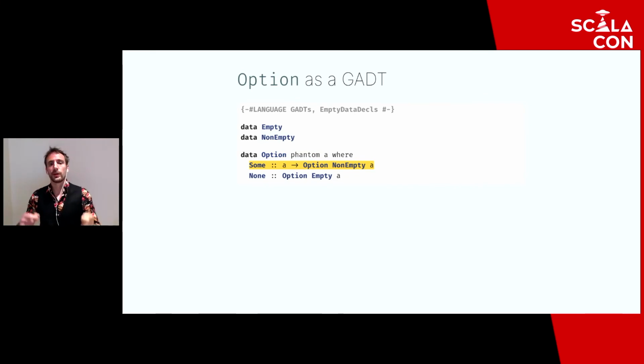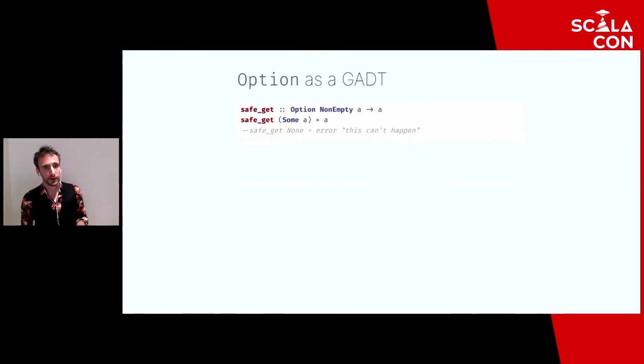Some takes an A and returns a non-empty option. None takes nothing and returns an empty option. And armed with all that, now that we have generalized algebraic data types, safeGADT works exactly like we wanted, because the compiler is now convinced that it is impossible to have a non-empty None, and is fine with us not handling that scenario.